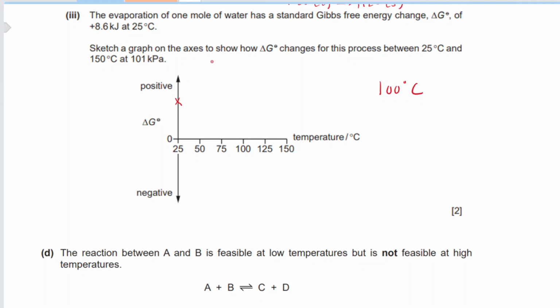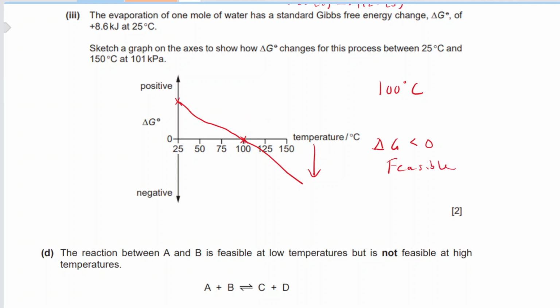So what we identify here is that this line must cross over here. So we can sketch a line as something like that, and this is supposed to be a straight line. It's just a very bad drawing, but it's supposed to go down like this, and it should cross at 100 degrees centigrade, because after 100 degrees centigrade the delta G is negative, and if delta G is negative, which is less than 0, this means that the reaction is feasible.